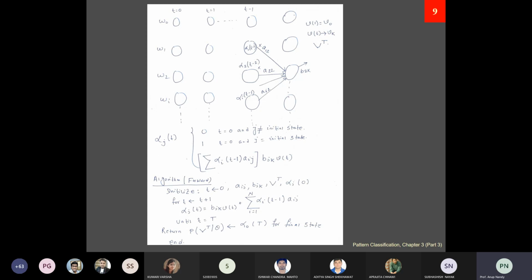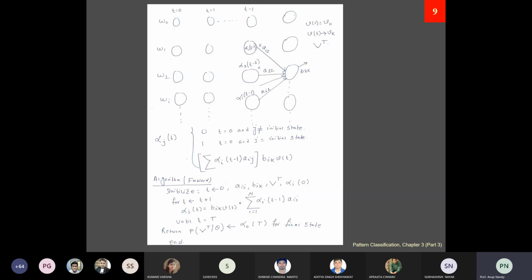First initialize, then aij, bjk, vt and alpha i 0 will be given. Then for t to t plus 1, alpha j t can be computed as bjk into vt multiplied by the sum over i equal to 1 to n of alpha i t minus 1 aij, the same way we have computed, until t is equal to capital T.